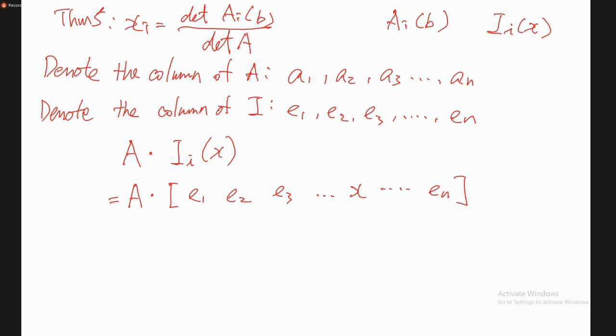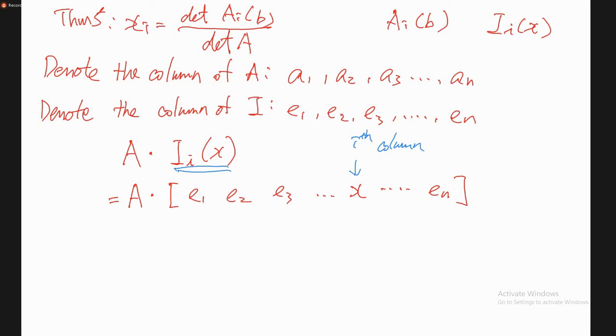In particular, this is the ith column of the original identity matrix. It corresponds to the definition of I subscript i, X.